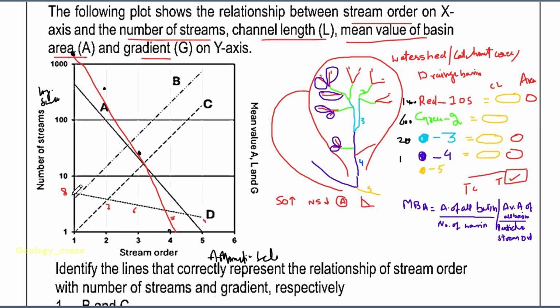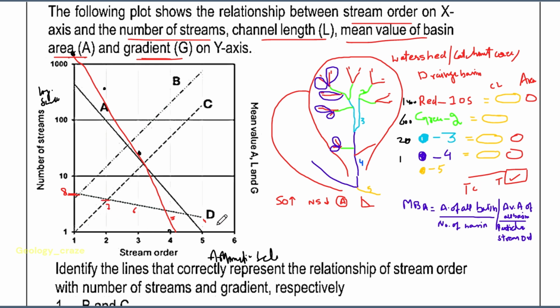With respect to stream number, it is not matching. With respect to gradient, it is going good. Stream gradient is not getting that steep. Slightly in first order we have some gradient. In second order, our slope is getting lower.